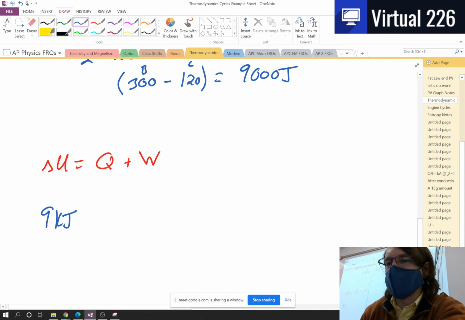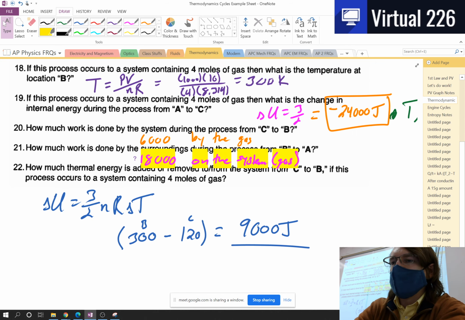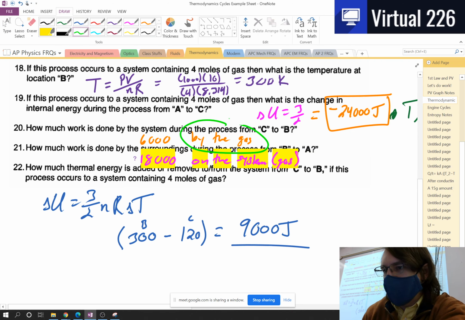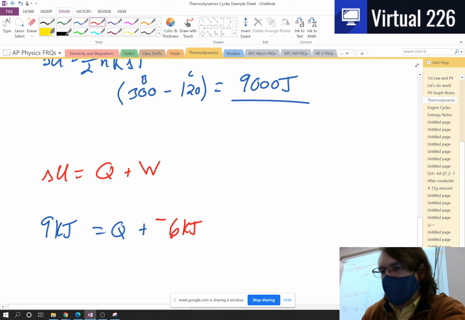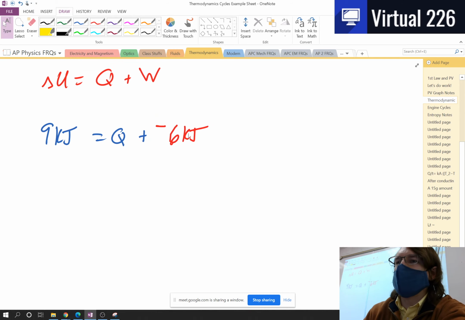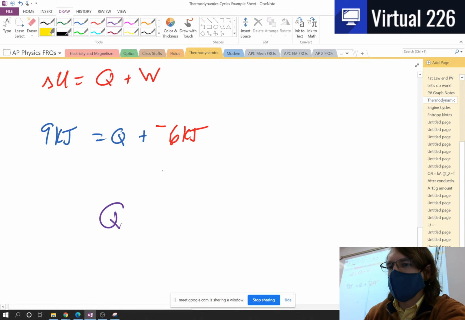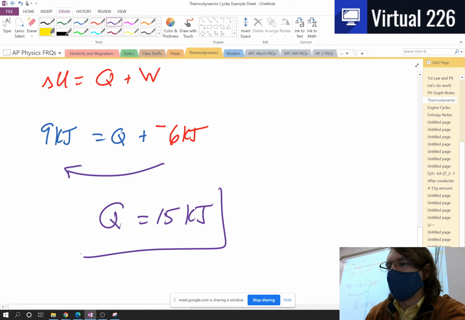Sorry, future. So we got the 9 kilojoules from up here. This equals Q. We add the work in from C to B. That's 6,000 or 6 kilojoules, but it's done by the gas, so it's a negative value. So we've got ourselves a negative 6 kilojoules here, which means we want to find Q. We add the 6 over, and that gives us 15 kilojoules.